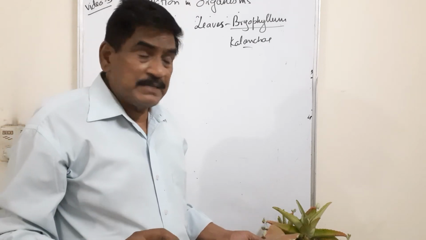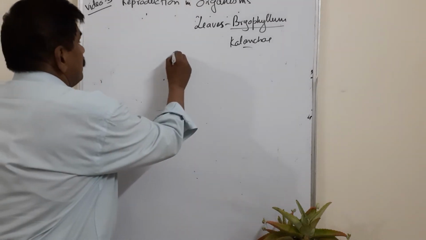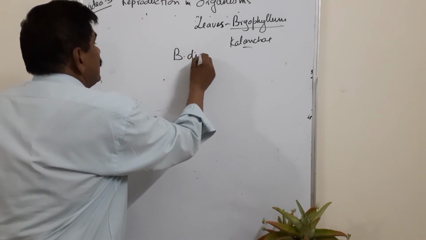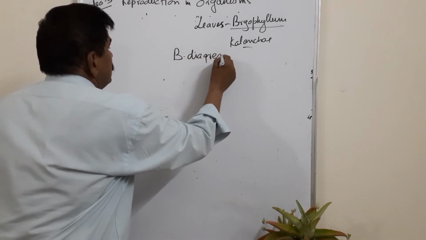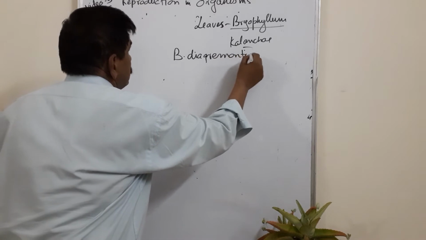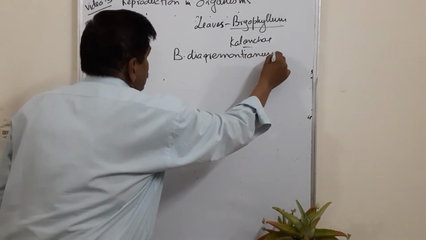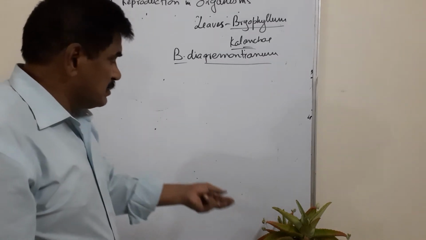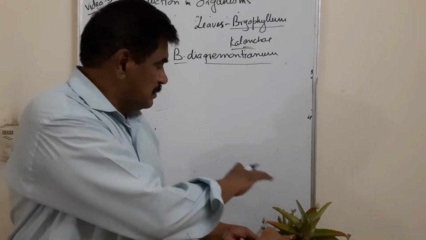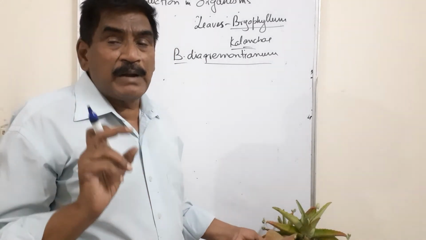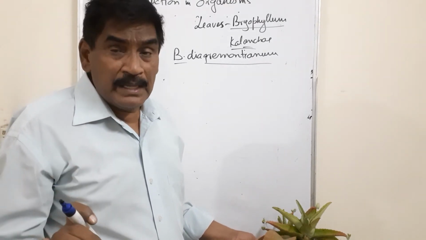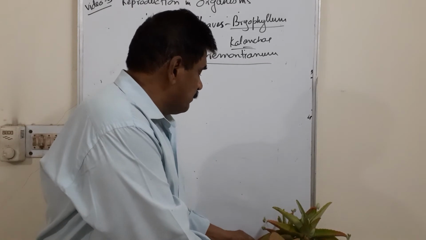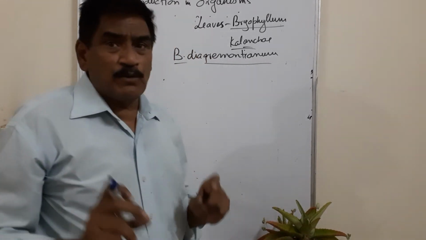But there is one species called Bryophyllum daigremontianum. This is the species which is before you, this Bryophyllum plant. You can see the buds in this leaf and this leaf; almost all the leaves are producing buds.